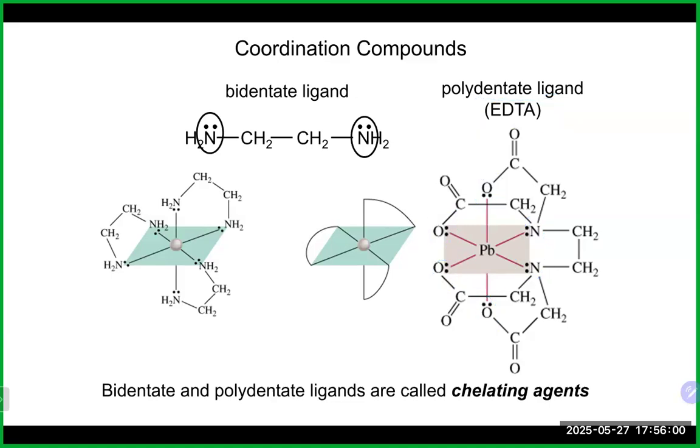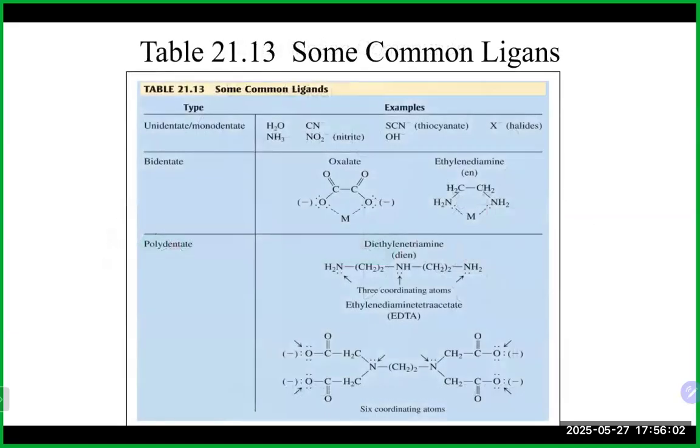Here's a table similar to the one you have in your book of some of these different ligands. Again, all of our polar guys that have some non-bonding electrons are going to be examples of monodentate or unidentate. Our halogens with negative charges are also monodentate. Again, our oxalate, our ethylenediamine.